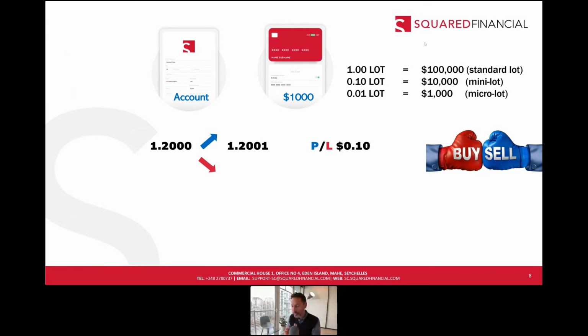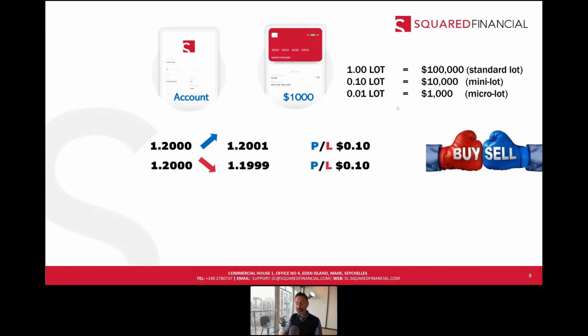So every lot is equal to $100,000, a mini lot is $10,000, and a micro lot is $1,000. So with $1,000 in your account, what can you buy? You can only buy one micro lot, or 0.01 euro USD, right?